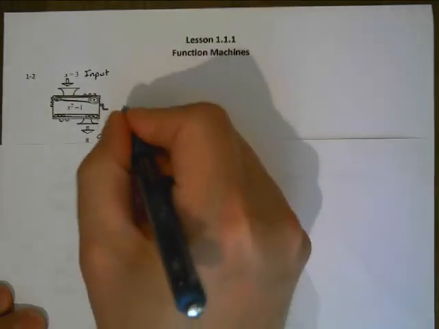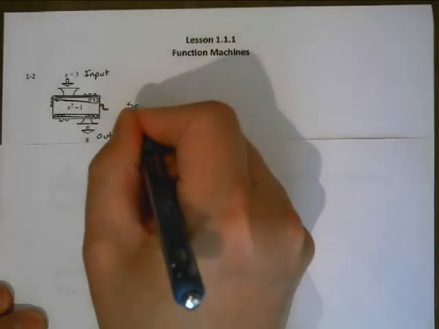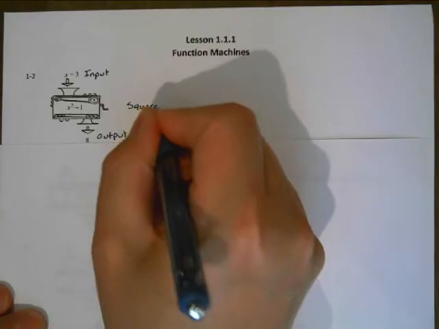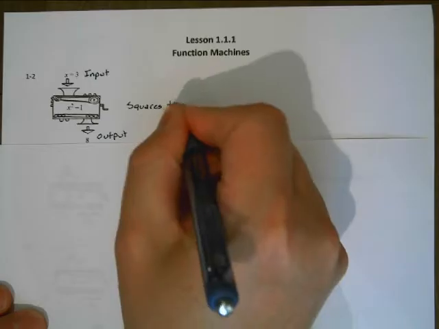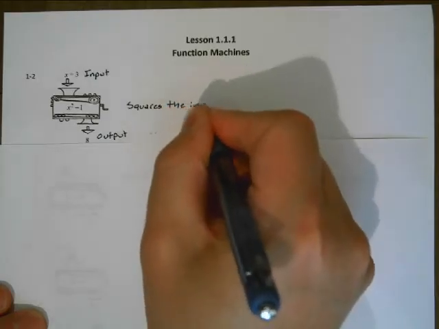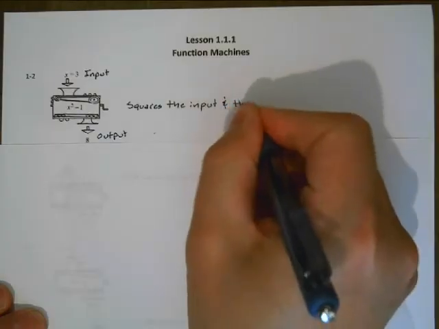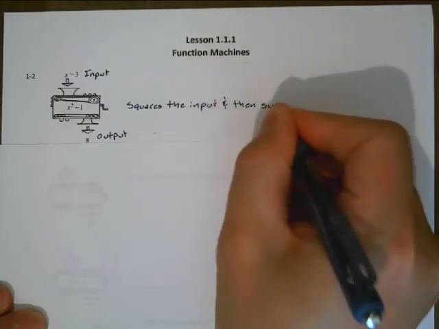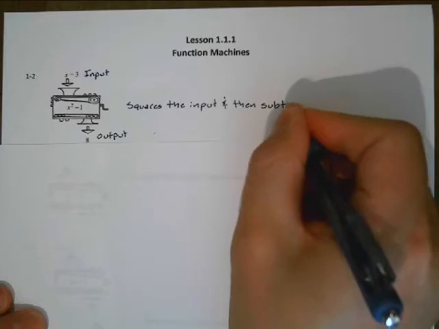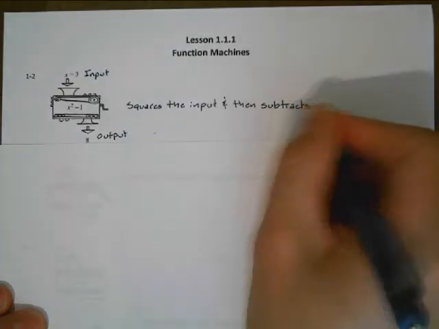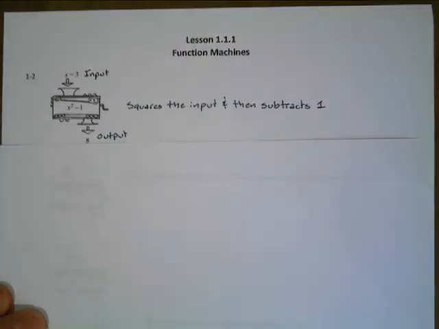So this function squares the input and then subtracts 1. So we're using our order of operations. That's what our function does.